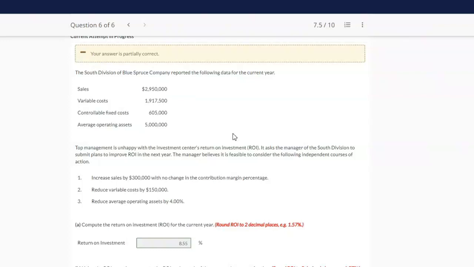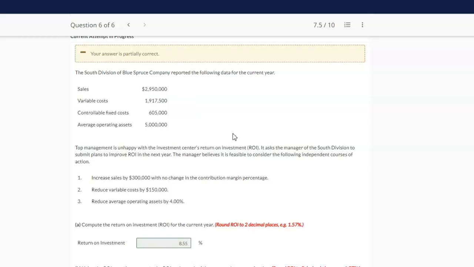Variable cost reduced, so the new variable cost would be 1,917 minus 150, that is 1,767,500.